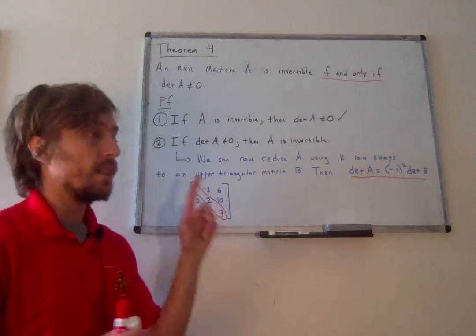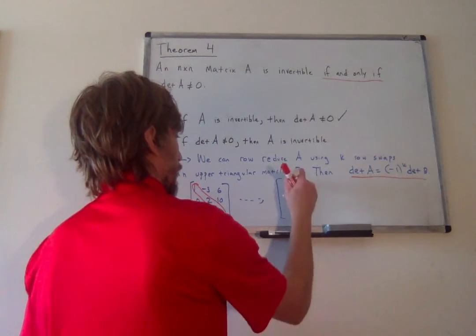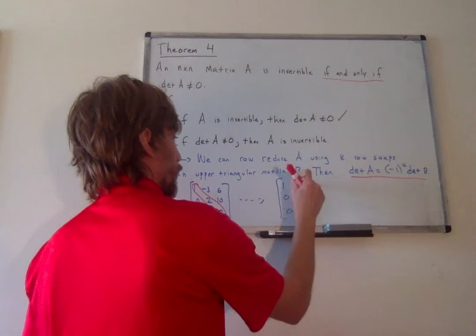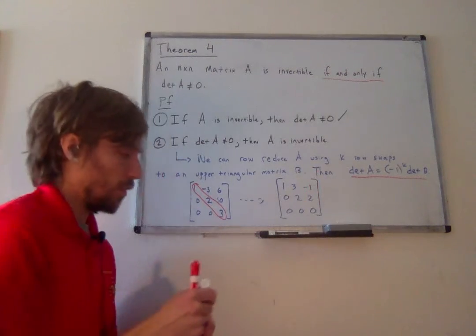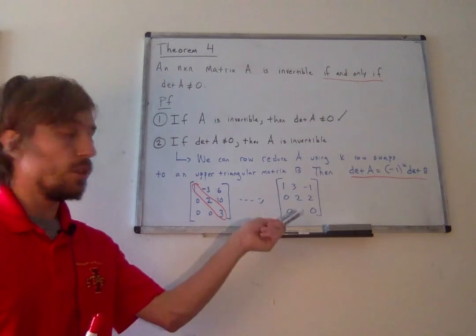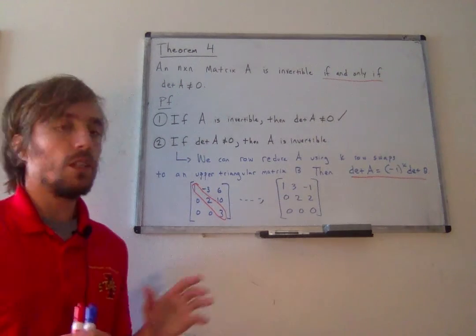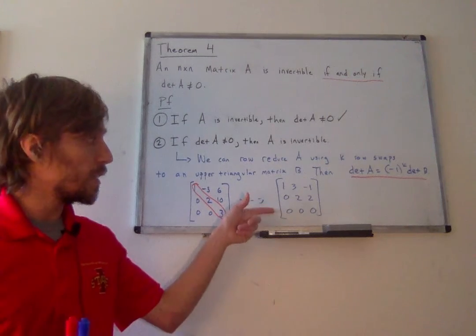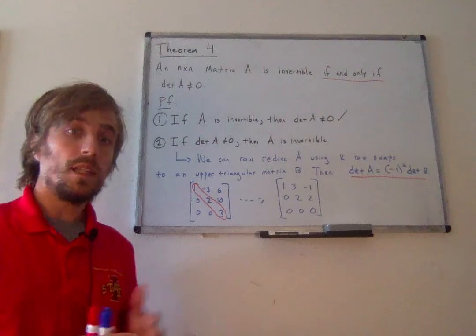Not that we need the second fact here, but notice, alternatively, if one of the diagonal entries of B was 0, the determinant of this matrix is 0, and because I have this row of all zeros, this matrix will not row reduce to the identity.